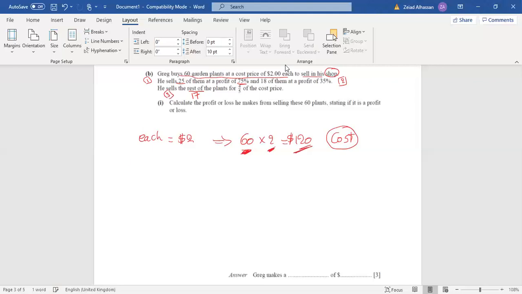So let's do stage number 1. Let's calculate the profit of number 1, the 25 of them at a profit of 75%.